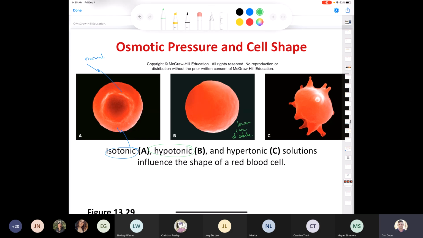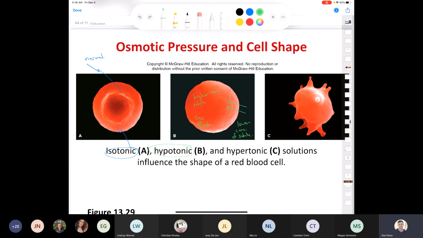Since the red blood cell has a higher concentration of solute particles, and the cell wall is a semi-permeable membrane, that's going to cause solvent particles to flow in like this, and that can even cause the red blood cell to burst. It's showing here like it's blown up. You see how the donut hole is gone?